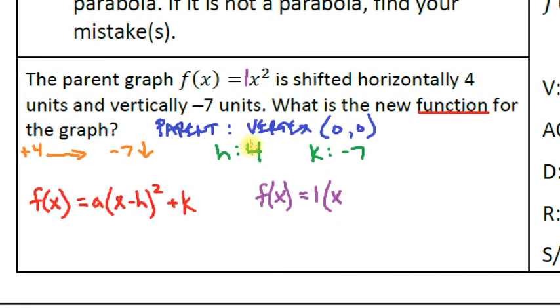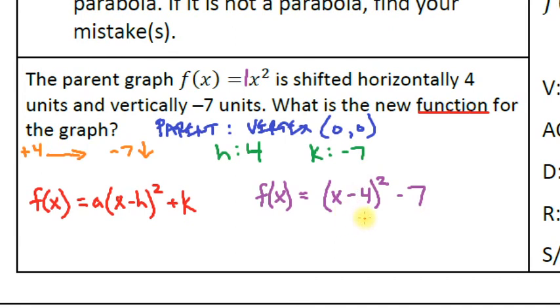And now, h is +4, so it shows up as -4 in our equation. And k is -7, and we keep that sign. And now what I can show you is we don't really have to write this 1 because the a is 1 and that's implied. We assume it's 1 if there's no a value written. And there is our new function.